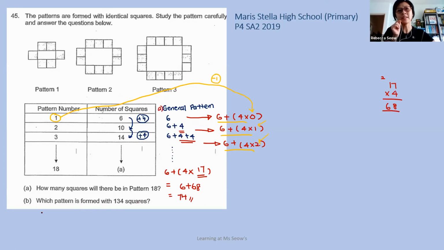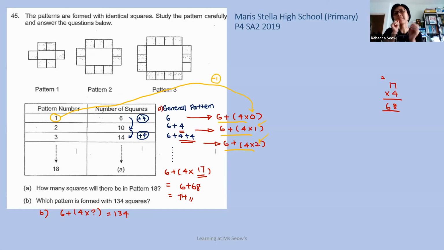Now for B, which pattern is formed with 134 squares? So now they tell you that 6 plus 4 times something will give you 134. And how are we going to work backwards to that? Now let's see. This is a multiple of 4 and you add 6 to it to get 134.